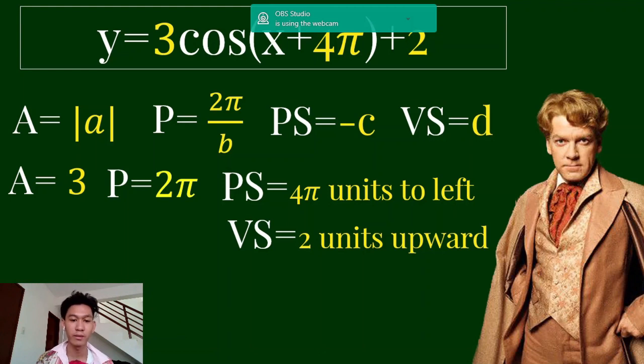Since it's negative, it's going to be 4 pi units to the left. If it's positive, it will be to the right. For vertical shift, we're just going to substitute d, which is 2, so positive 2. Since it's positive, it's going to be 2 units upward. If it's negative, it will be downward.